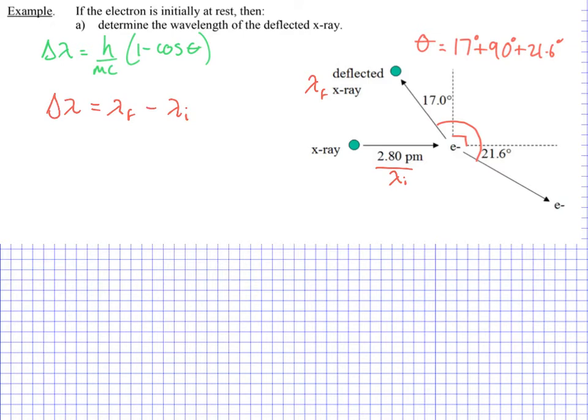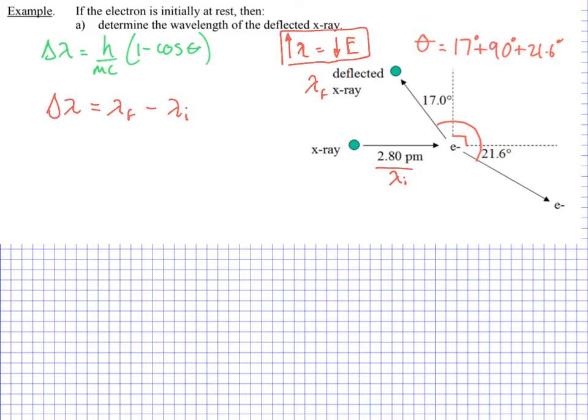If you remember, a larger wavelength equals smaller energy, right? And it's going to lose energy as it goes through its collision.